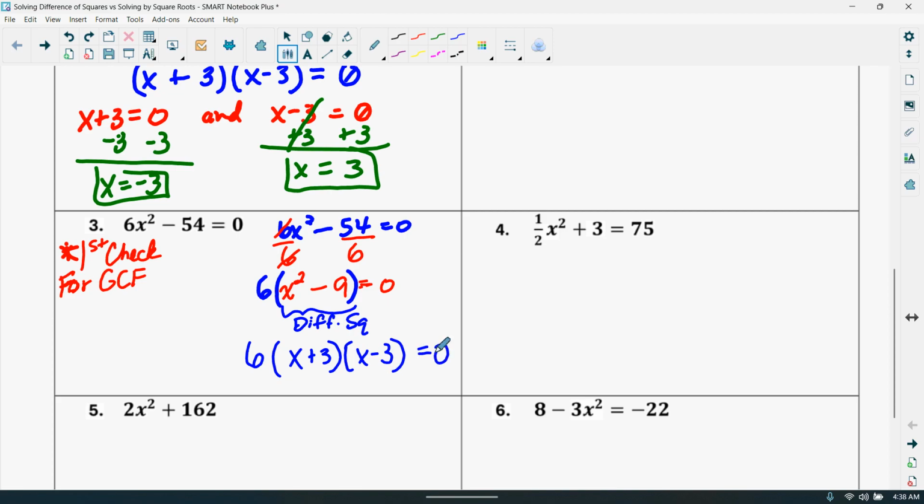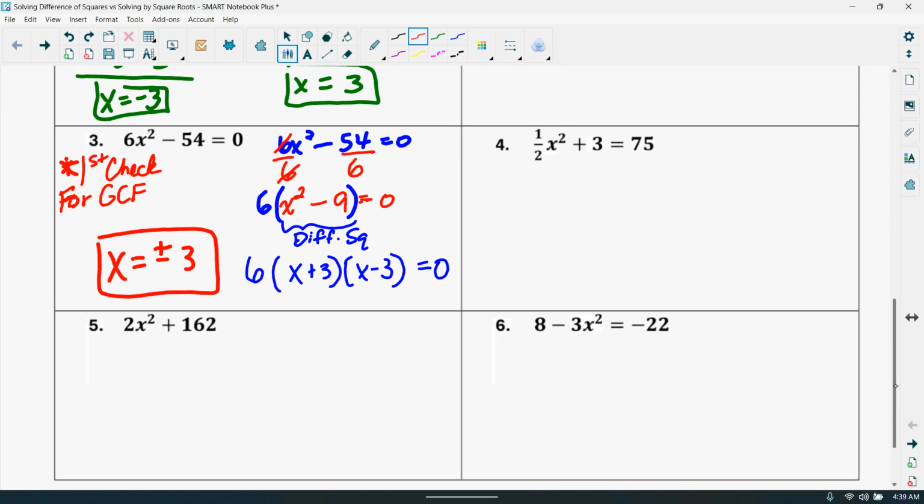Now, I'm not worried about this coefficient of 6. I can't make that equal to 0 because that's not true. I'm just worrying about the parentheses, the grouping, and I'm solving each one, which we already did above. So our answer to this one still is x equals plus or minus 3.